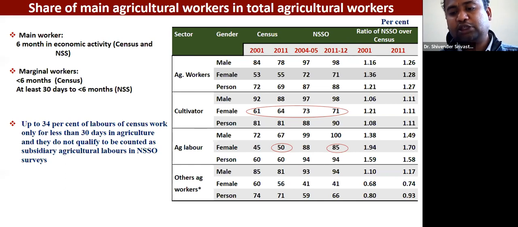That discrepancy you need to take into consideration whenever you are drawing implications. Here I'm not saying which one is correct, the census or NSSO. Both have adopted their own definitions, and that's why the estimates are different. So whenever you want to draw any conclusion, you should see what the definitional variations are, and only then draw your conclusions from the data.